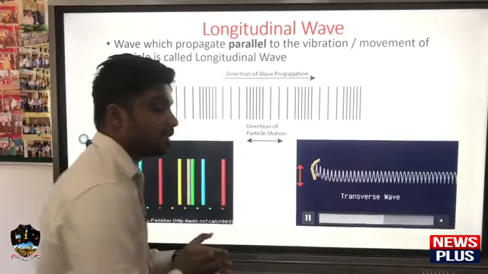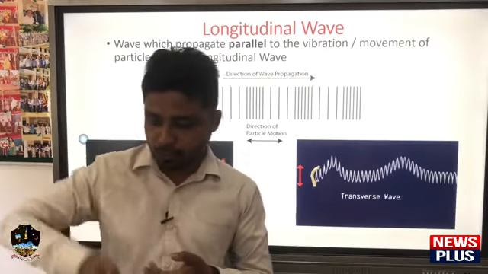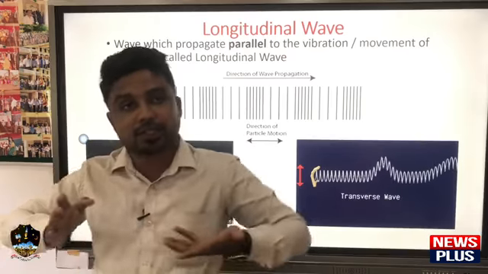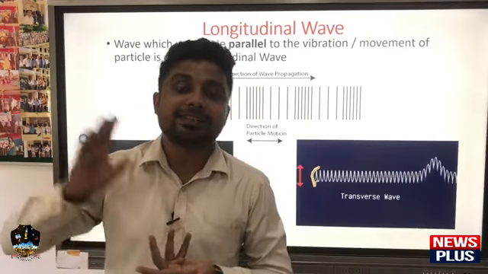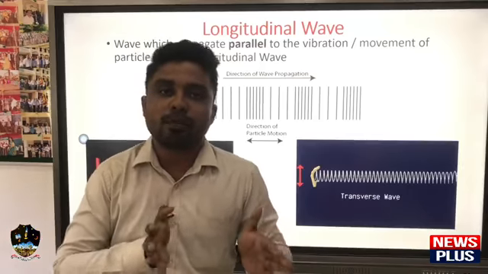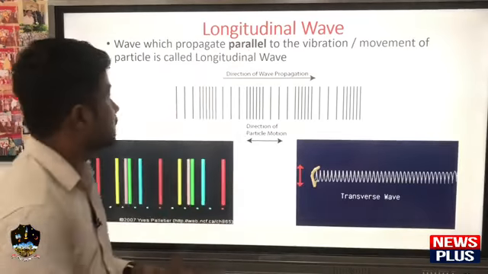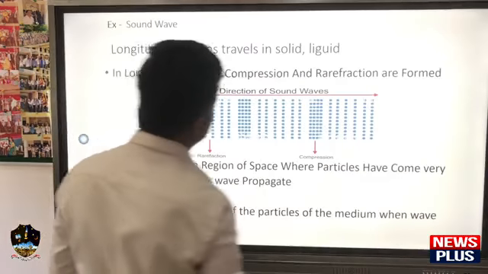So, to summarize, I can say that if the wave particles move perpendicular to the propagation of the wave, that is a transverse wave, and if the particles move parallel to the wave's movement, that is called a longitudinal wave.